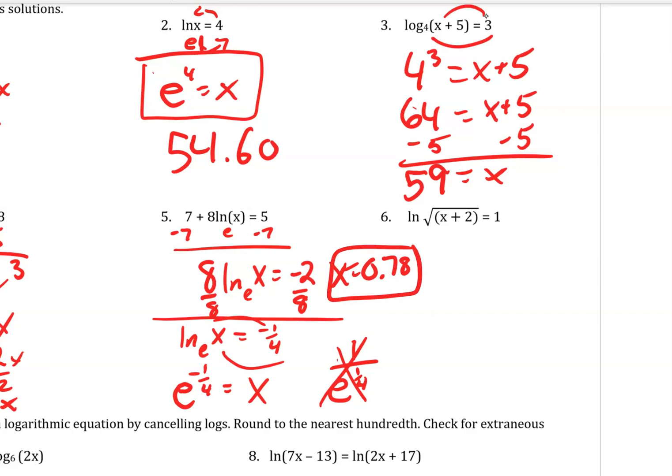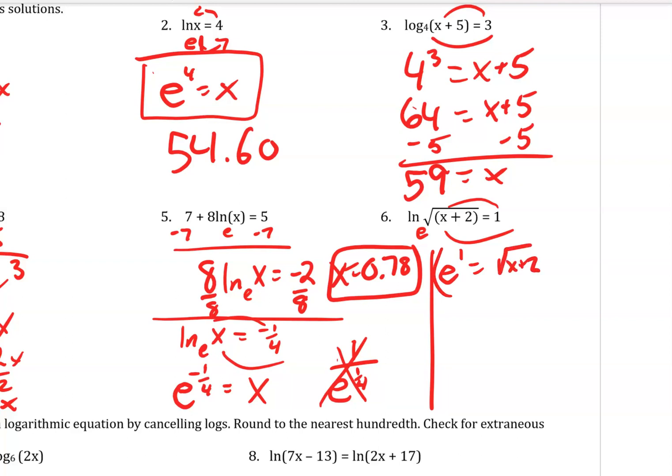ln of the square root of x plus 2 equals 1. Well, what is the square root of x plus 2? It's really the 1/2 power. This is base e. So what this is really saying, again, we're going to loop. We're going to get e to the 1 equals the square root of x plus 2.